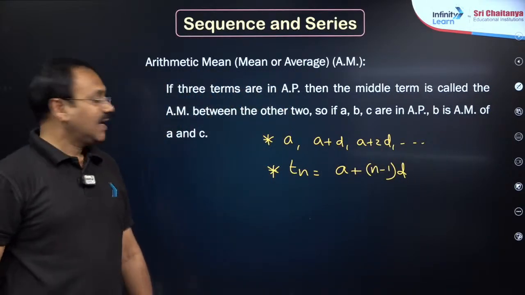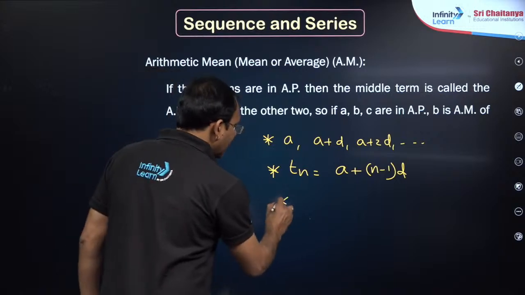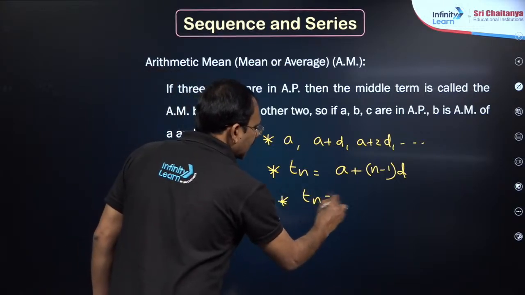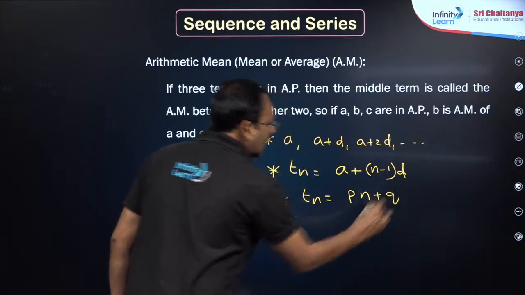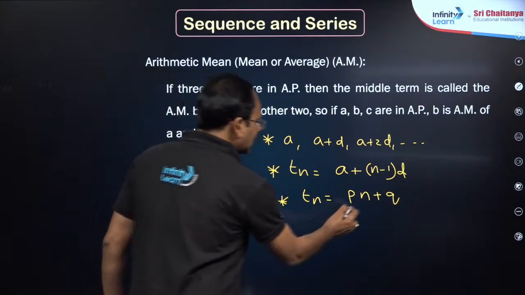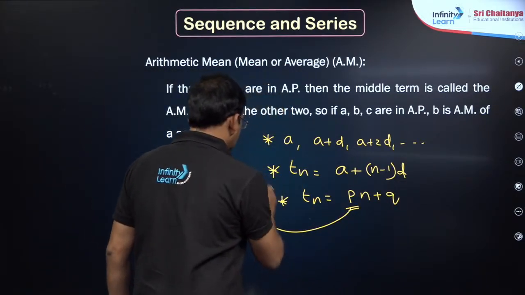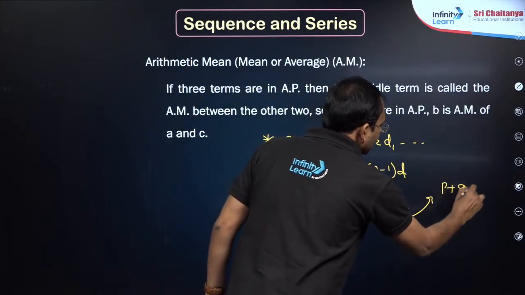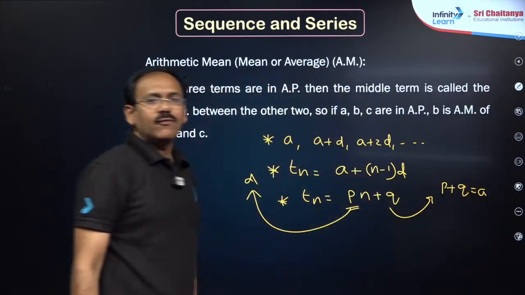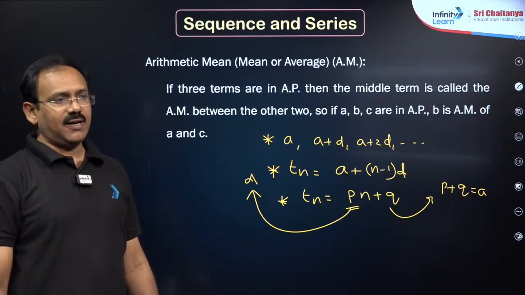Next, the nth term in an AP will generally be like pn plus q, where p is the common difference and p plus q is the first term. So it is helpful to write the nth term directly, my dear friends.